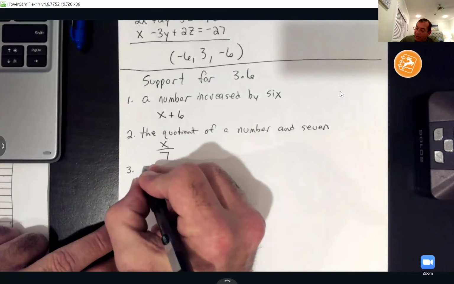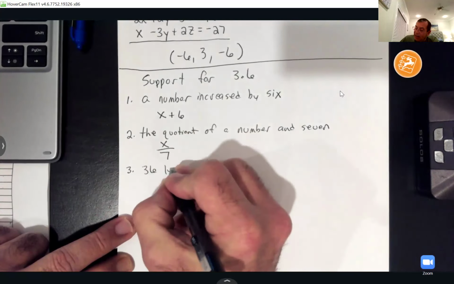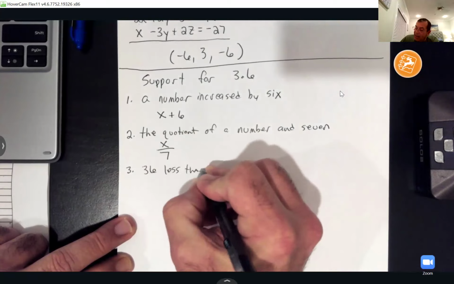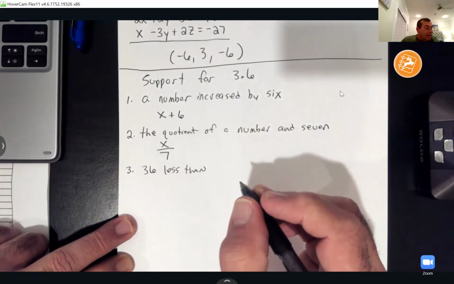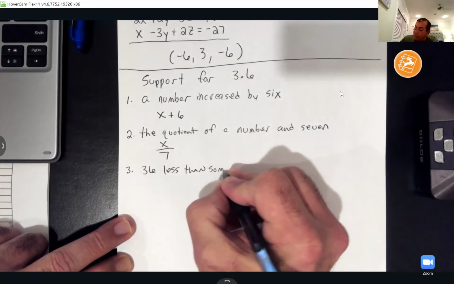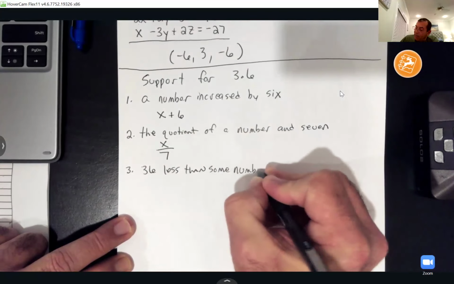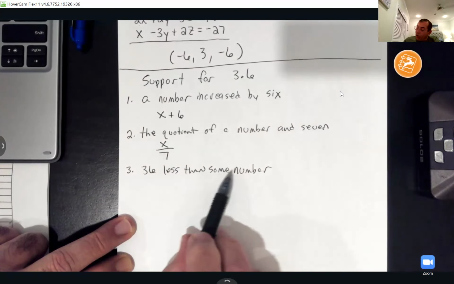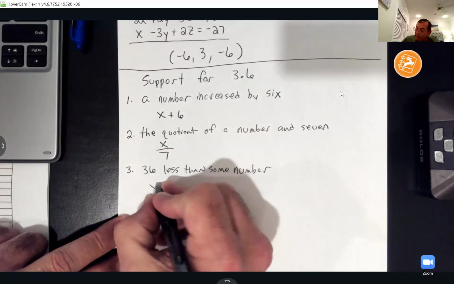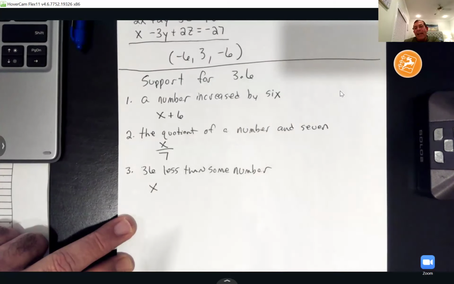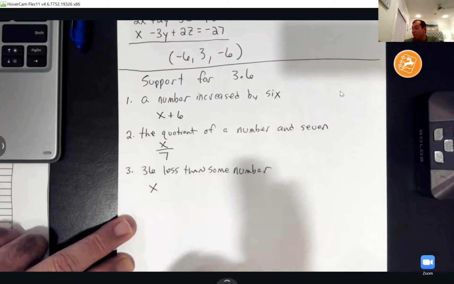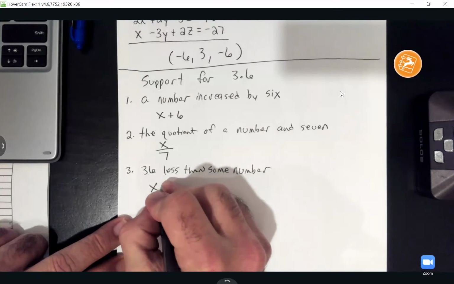How about 36 less than some number? So start with the X again. When you see less than, that means subtract.